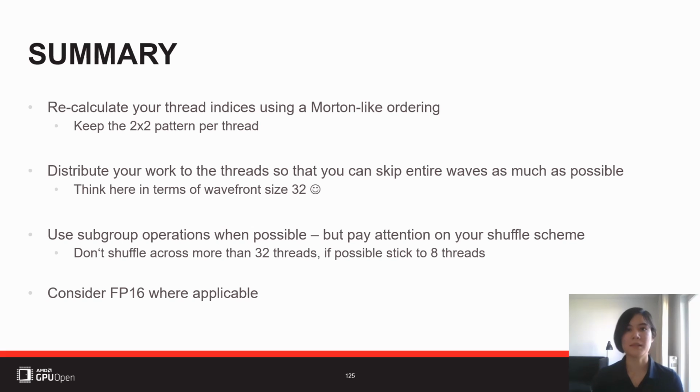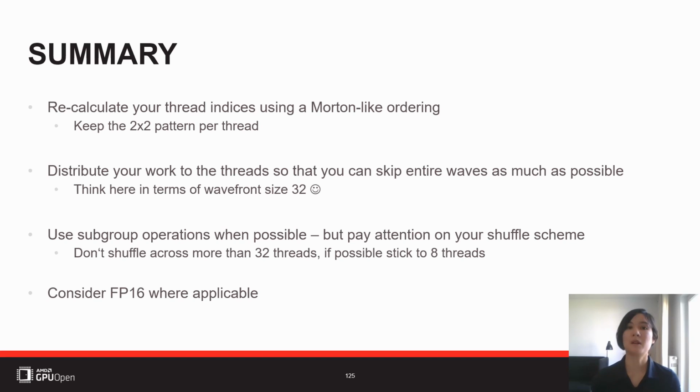Then for optimization, the key takeaways are that I really recommend, if you are running a compute shader and load from a texture, to recalculate your thread indices using a Morton-like ordering so that you have this 2x2 quad swizzle pattern, because this follows the standard swizzle pattern and this is how the textures are actually laid out in memory.